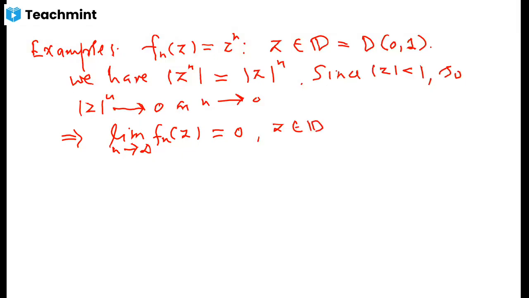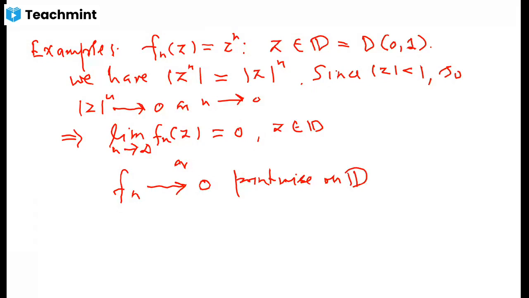I note here the notation that we will be using: sometimes we will write that this sequence fn of z converges to another function, but in this case the function is 0, and we will write it as pointwise on this domain D.